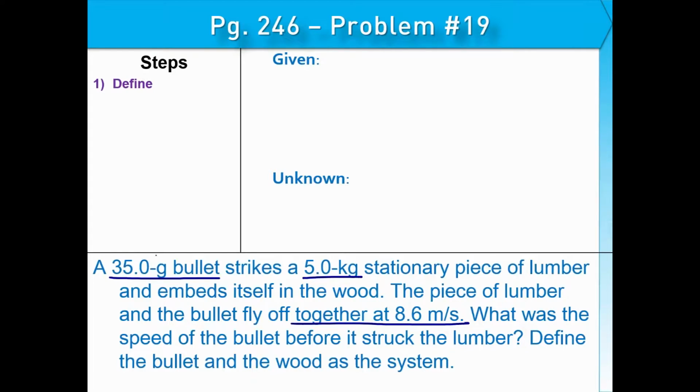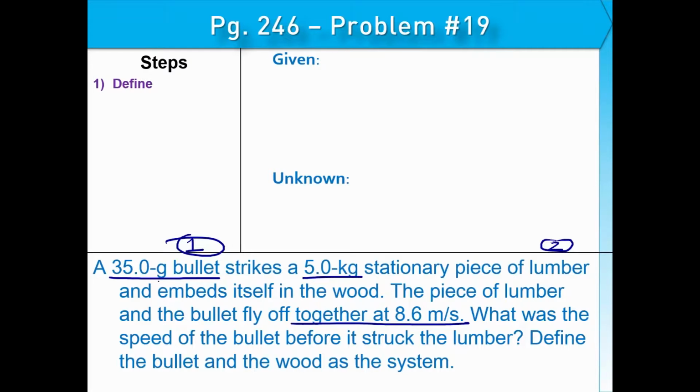We can go ahead and start with our givens. We're going to let the bullet be object number 1, and then we're going to let the piece of lumber be object number 2. So we're given the mass of the bullet in grams, and in physics, we use kilograms for the SI unit.